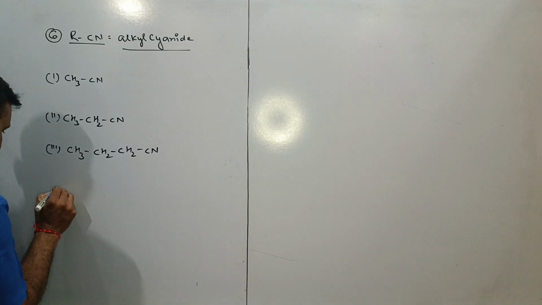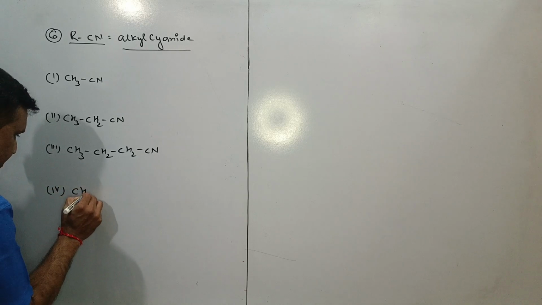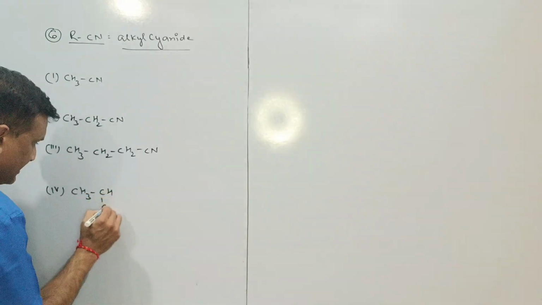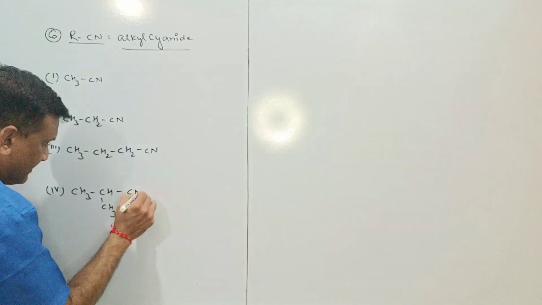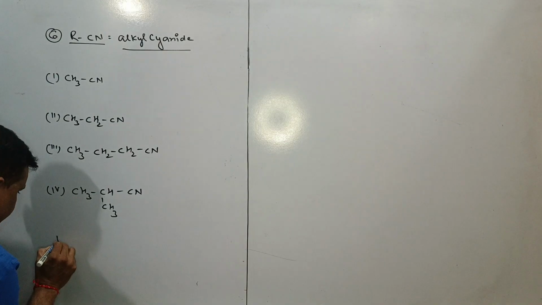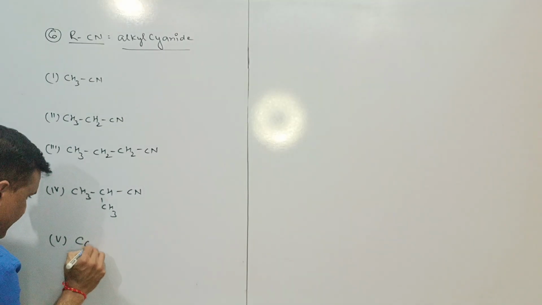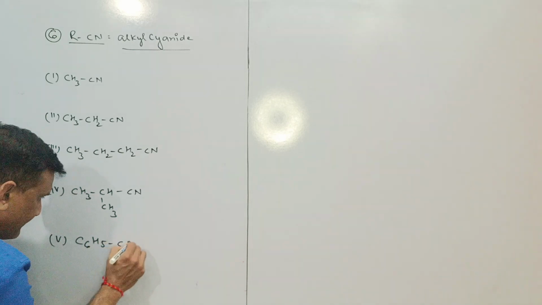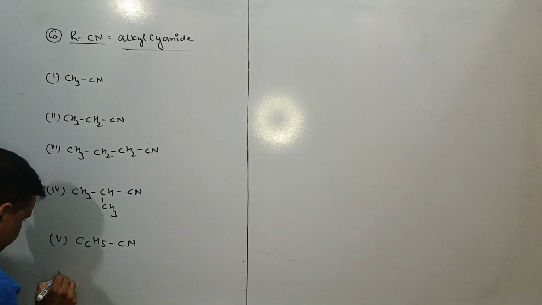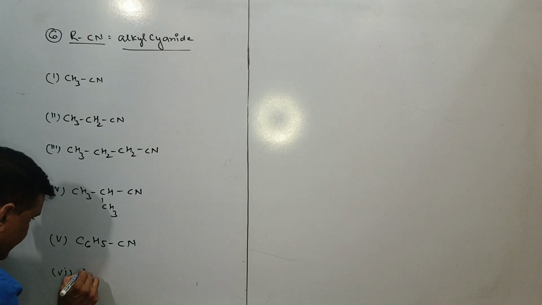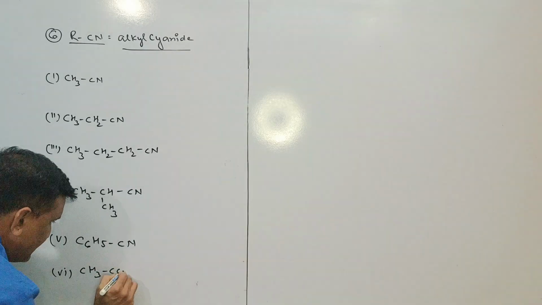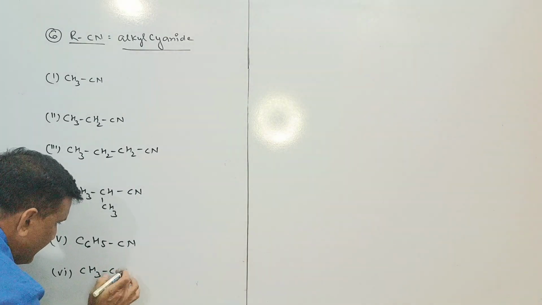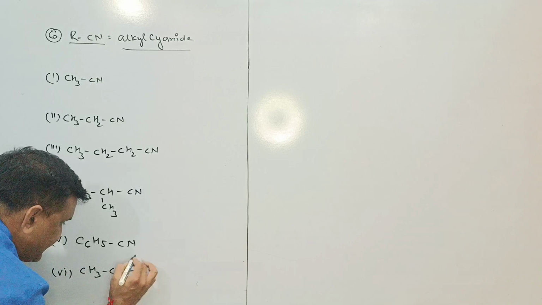This is the fourth example, CH3CHCH3 with CN. Fifth example, you can take aromatic C6H5CN. Sixth example, you can take just your CH3CH2. We will not count the carbon of CN.